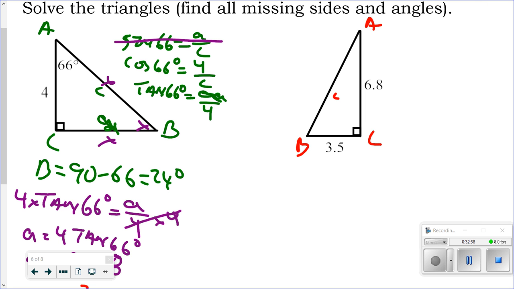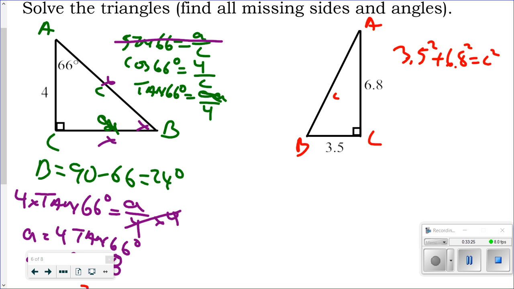So that would mean that 3.5 squared plus 6.8 squared equals C squared. 3.5 squared plus 6.8 squared. Enter.